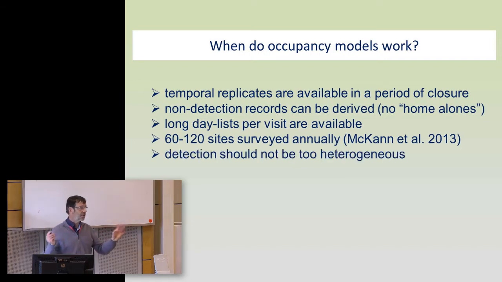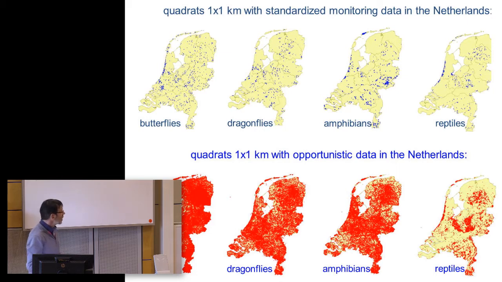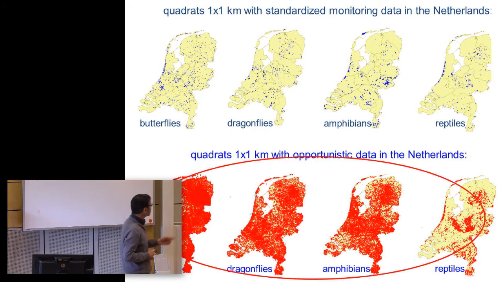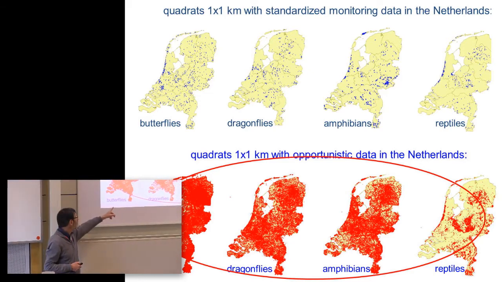Also, there are more model assumptions. Detection should not be too heterogeneous, and of course, if your sites are all in the southern part of Sweden and never in the northern part, your occupancy trend can never be representative for the whole of Sweden. In our case, representativity is not so much an issue because we have so many sites that were surveyed each year.